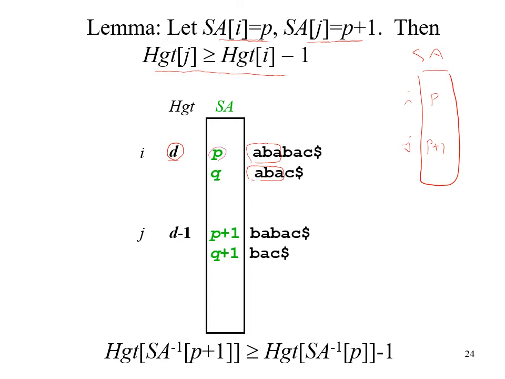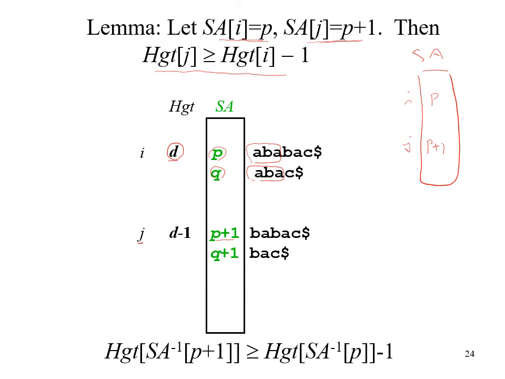Assume that the positions of these suffixes are P and Q. Then if we consider the suffix at position P plus 1, its lexicographic order is J by definition.